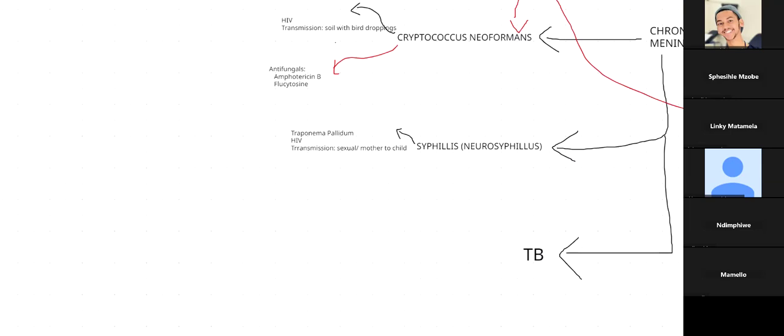So treatment would be IV pen, and the number of days is 10 to 14 days. And if the patient has a penicillin allergy, we could use ceftriaxone as an alternative.